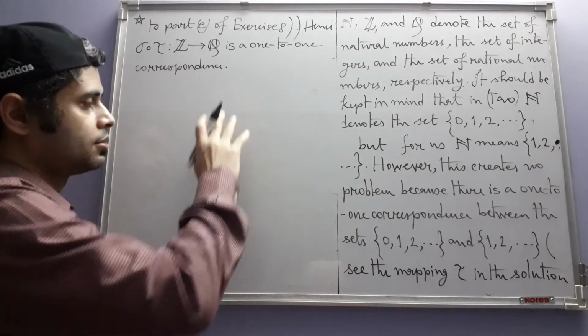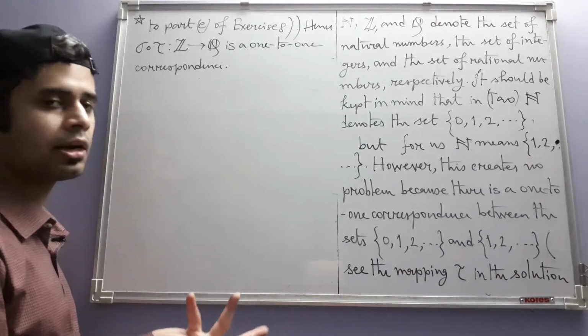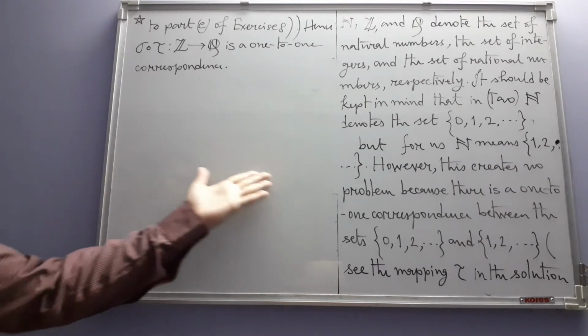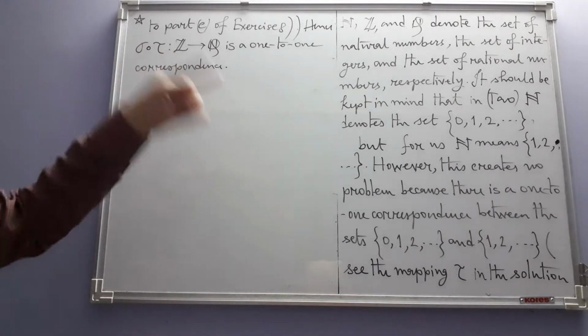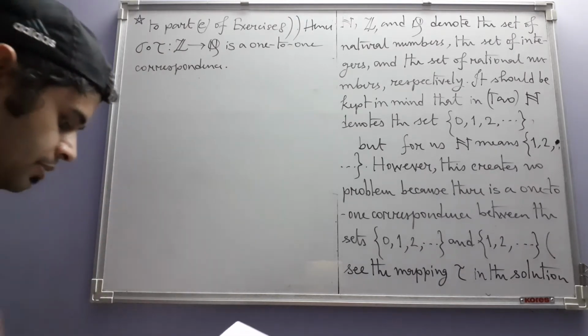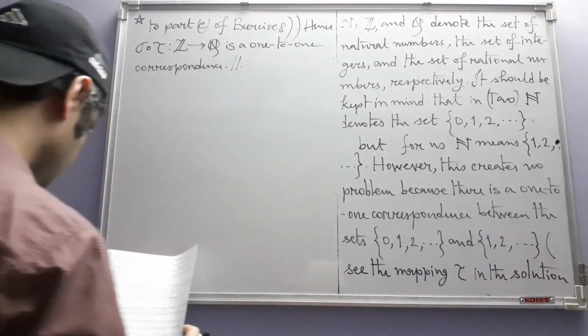And the second corollary just states that the set of rational numbers is countable. So that amounts to having a bijective mapping or one-to-one correspondence between these sets and the set of natural numbers. Okay, and this ends this solution.